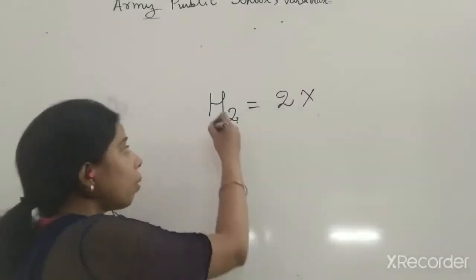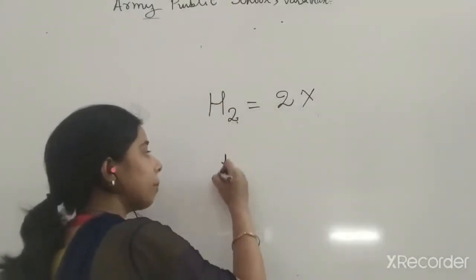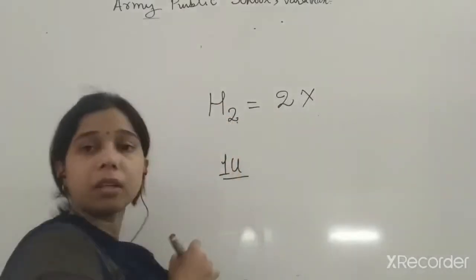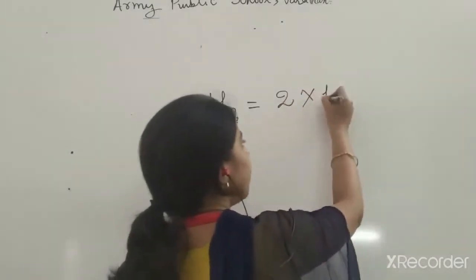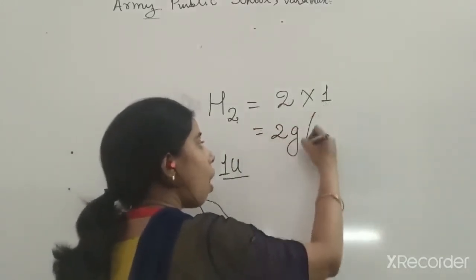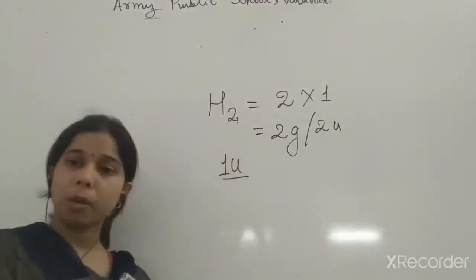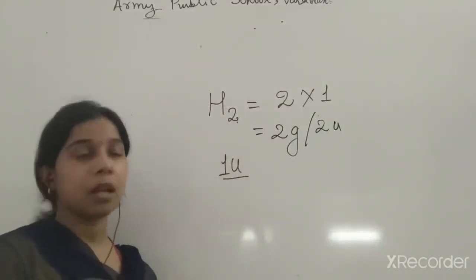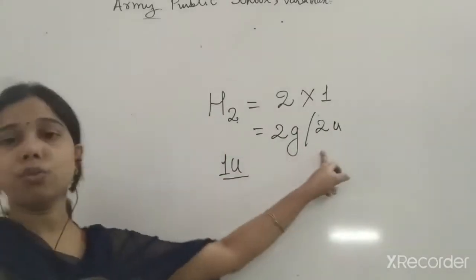What is the atomic mass of hydrogen, student? We know that the atomic mass of the element is 1 U. So we will write 2 into 1, that will be equal to 2 gram or 2 AMU or U, atomic mass unit. So the hydrogen molecule, we can write it as 2.